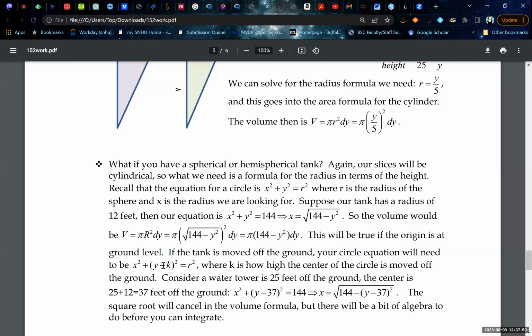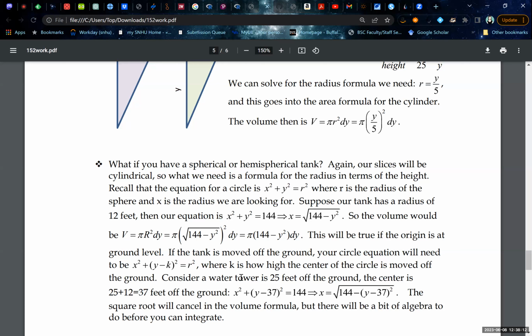But the y value can be adjusted so that if the center of your tank is off the ground, you put the center someplace else, and that will adjust your equation a little bit. There'll be a little more algebra that you'll have to do, but basically the reasoning stays the same.